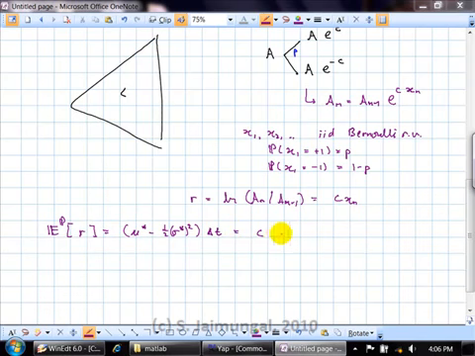And that has to be equal to c times the expected value under p of xn. And what's the expected value of this Bernoulli? 2p minus 1, right? 1 times p plus minus 1 times 1 minus p. Those are the probabilities, plus or minus 1. So that's c times 2p minus 1.